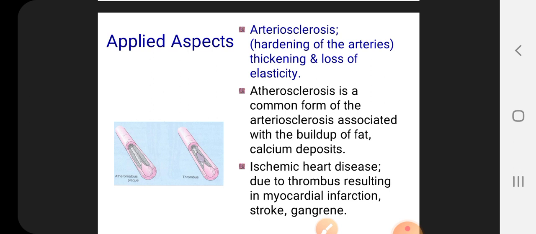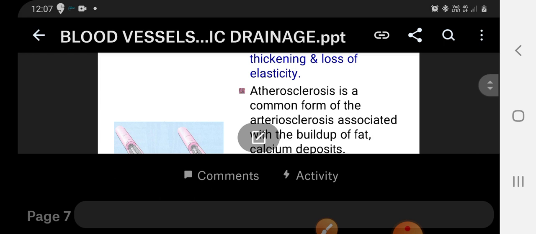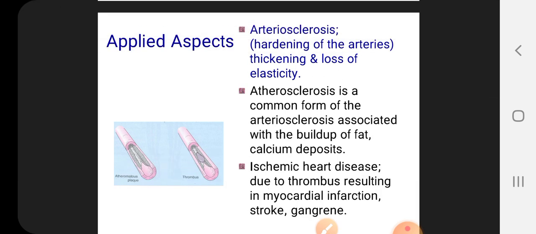Arteriosclerosis means hardening of the arteries, and they lose their elasticity. The wall of the arteries becomes hardened and thickened, and they lose their elasticity. That usually occurs in old age.